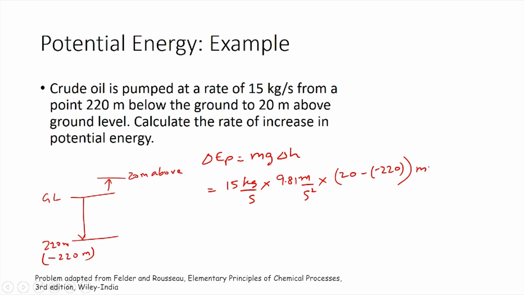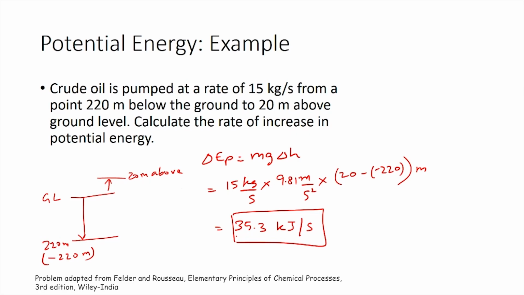So, finally, we can calculate this value to get 35.3 kilojoules per second as the change in potential energy during this process. With this, we have performed example problems which are simple enough where we can calculate kinetic and potential energies.